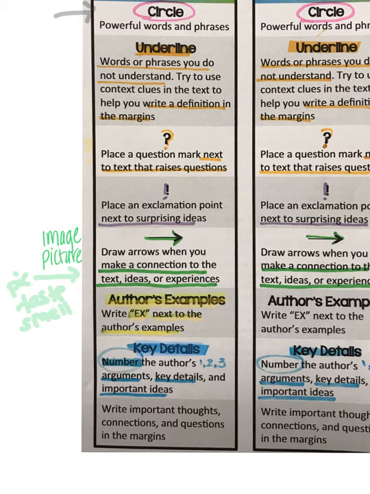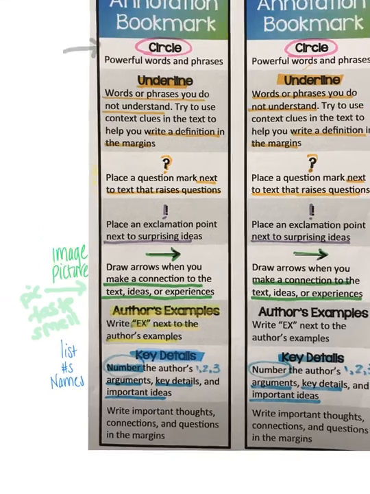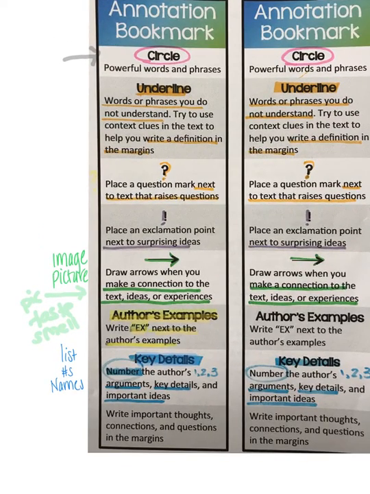Key details are things like anytime you have a list, anytime you have numbers, names, a list of any sort, that is a key detail. If you have words that are repeated, that's going to be up here in powerful words, so anything we see that's a repeated word or phrase.